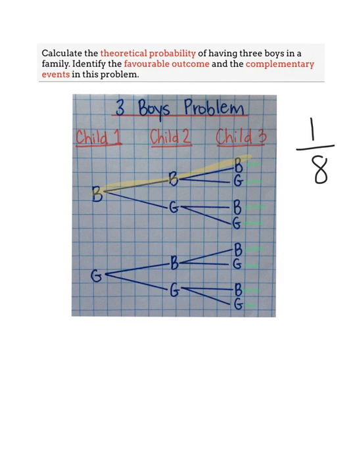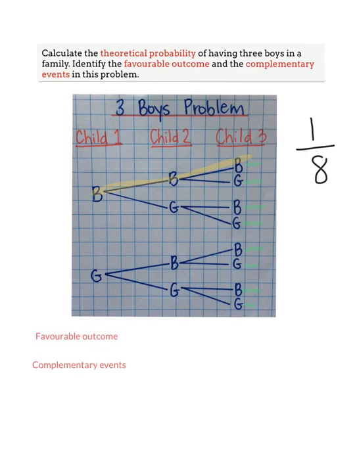For example, you could have a boy and then a boy, or a boy and then a girl, or a boy, a girl, and then a boy, and it goes on and on. So we've got 8 different combinations, but only one of them is the situation of having three boys in the family. So I have a 1 in 8 chance, theoretically, of ending up with three boys in a family.